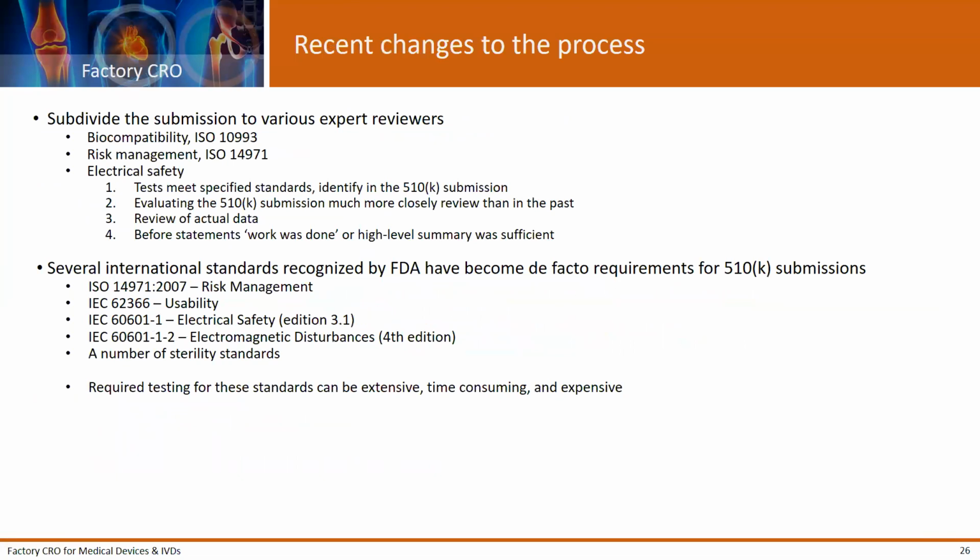When your file is ready and complete, they will subdivide your submission to various expert reviewers. So biocompatibility, risk management, and electrical safety are all reviewed by specialists. And the actual data is being reviewed; statements like work was done or high-level summaries are no longer sufficient. They are looking for underlying reports and evidence.